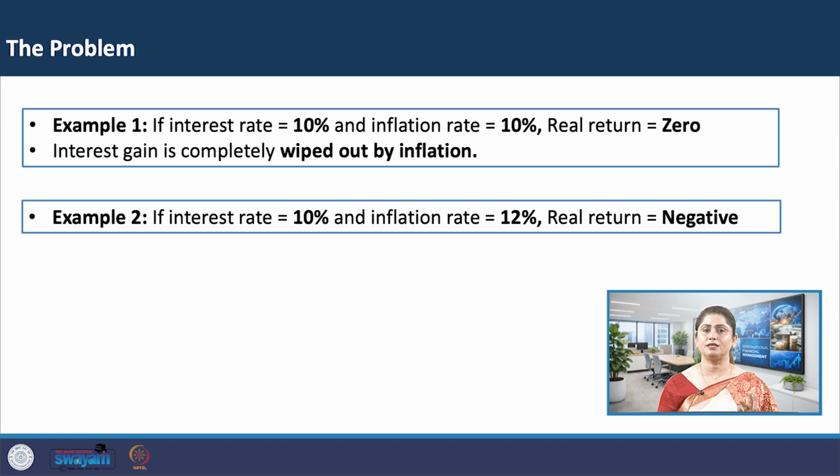Your real return is zero. Now make it slightly worse. Suppose inflation is 12%, prices have risen by 12%, but your deposit only grew by 10%. You are actually poorer in real terms. You can buy less with $1.10 next year than you could with $1 today.